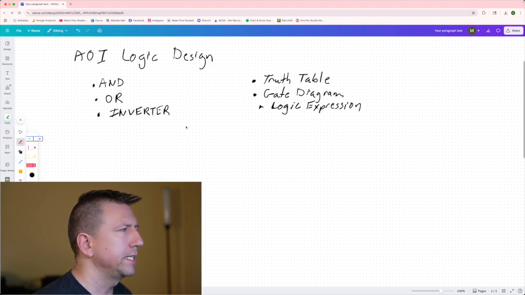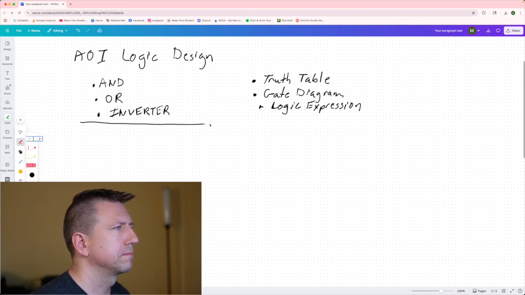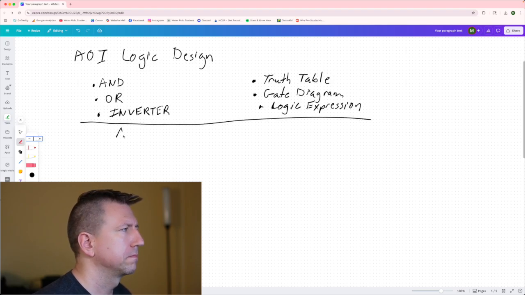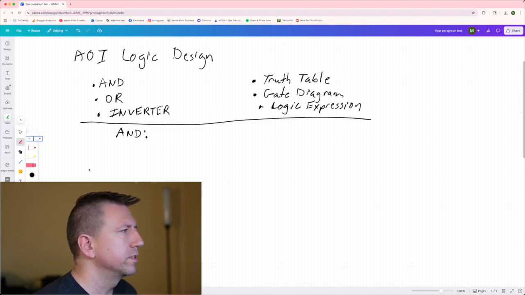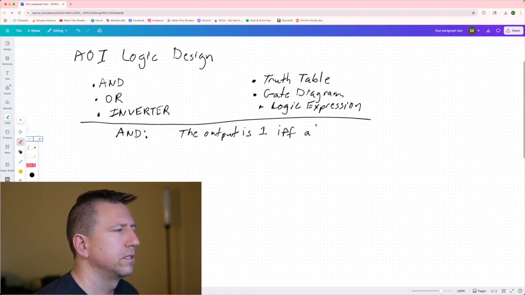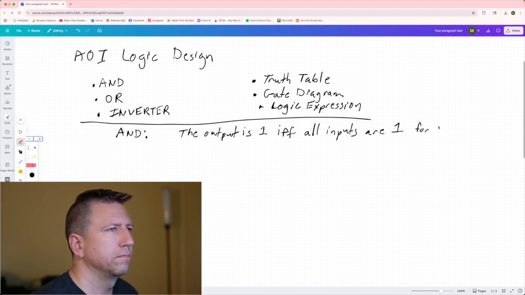So let's start with the AND gate. And we'll do the AND gate's truth table. Well, actually, let's write a definition here first. So the output is 1 if and only if all inputs are 1 for the system.